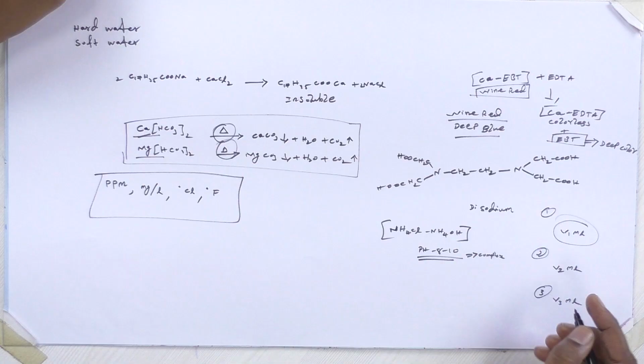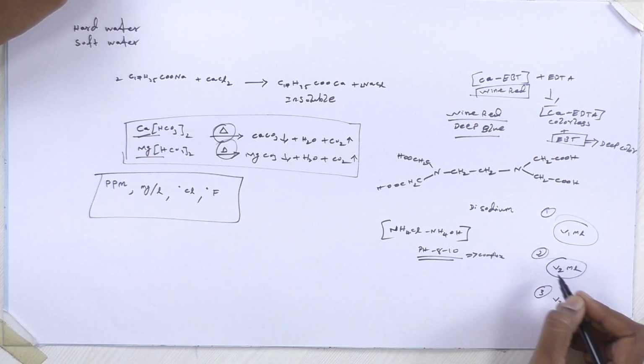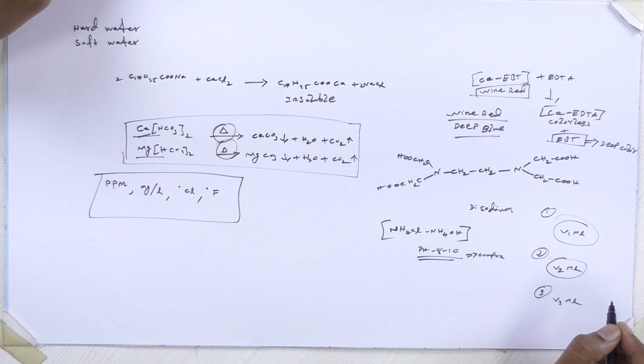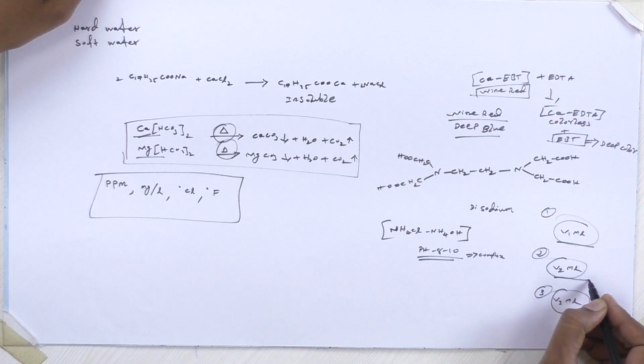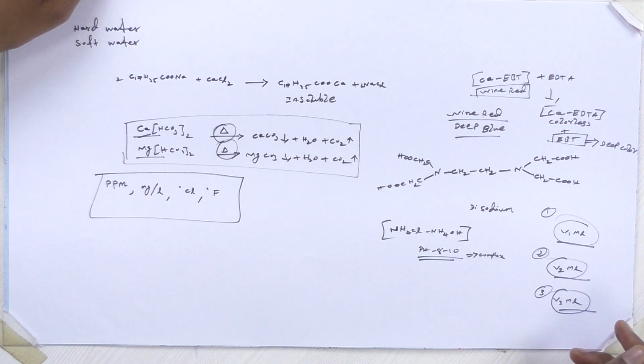One is V1 ml for standardization of EDTA, the second is V2 ml for estimation of total hardness, and the third is V3 ml for estimation of permanent hardness. By using V1, V2 and V3, we easily find out temporary hardness, permanent hardness and total hardness. Now we are going to enter the calculation part.